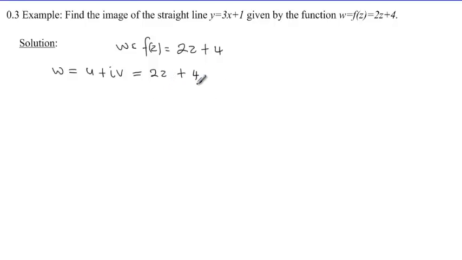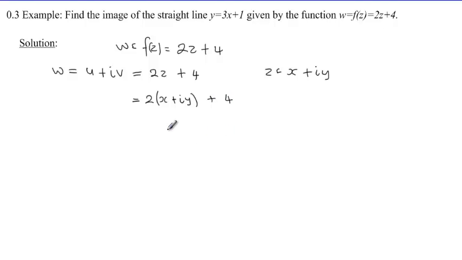Now replacing z with our form of z, which is z equals x plus iy, we have 2 brackets x plus iy plus 4.